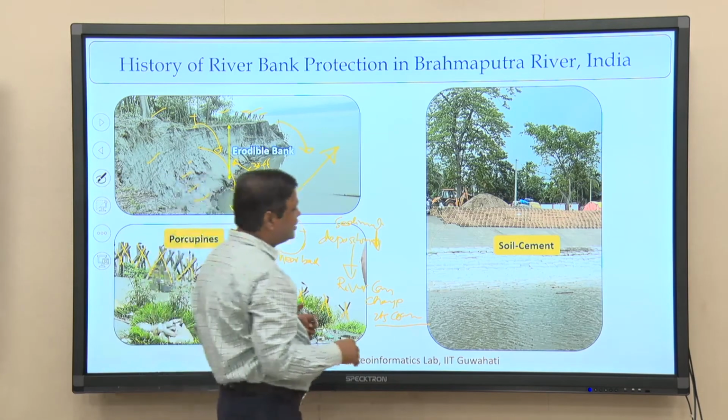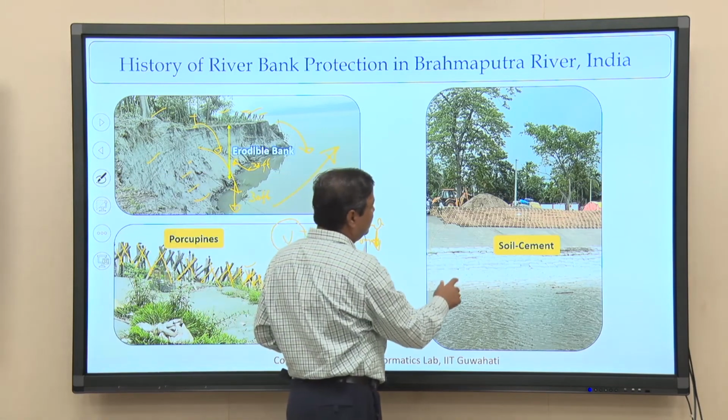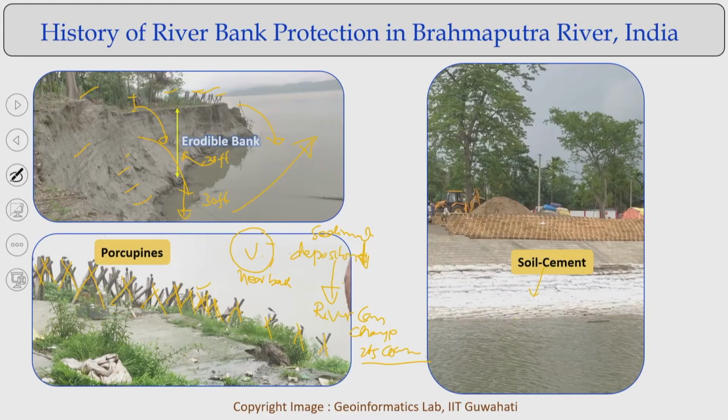In some cases, we can protect the rivers with soil cement, a composition of soil and cement bags, and on the top you can have protection work. That is also possible where you do not have these compositions, or where you do not have much secondary current.